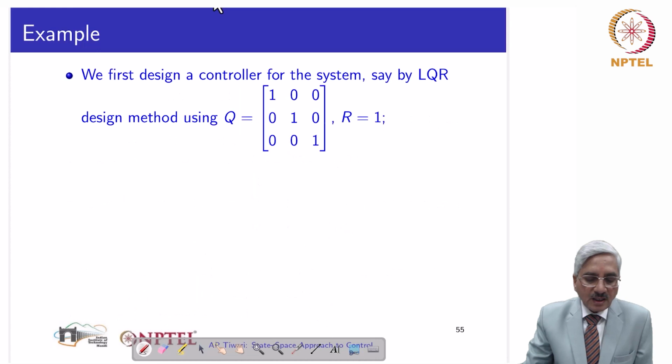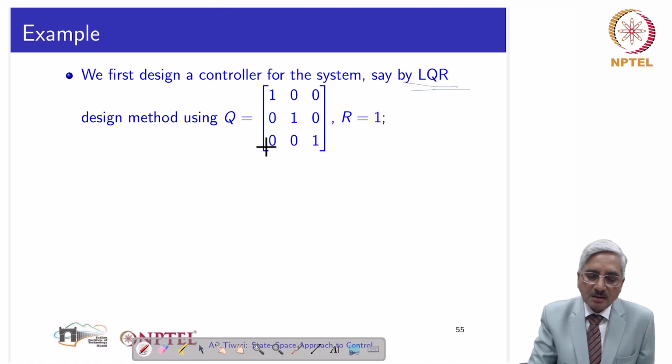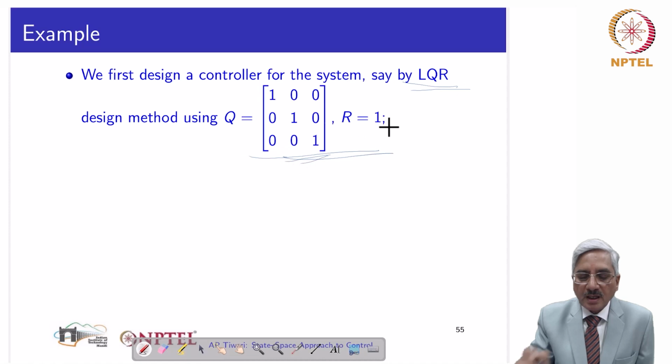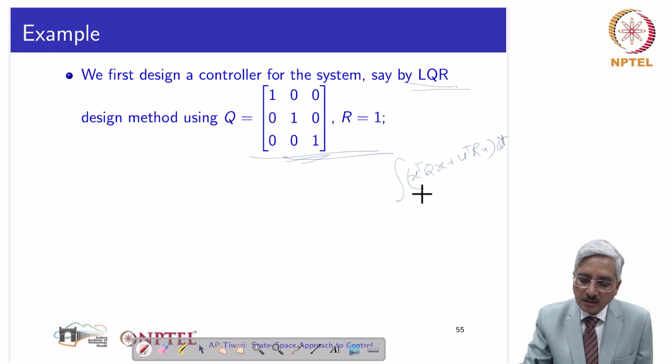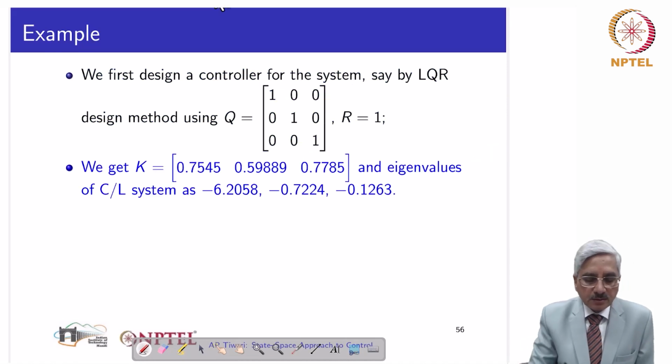So we first design a controller, say by using LQR. One can use pole placement also, but here in this example, we use this Q and R in the quadratic performance index, integral of X transpose QX plus U transpose RU dt from 0 to infinity. If we design a controller, we get K equal to this.